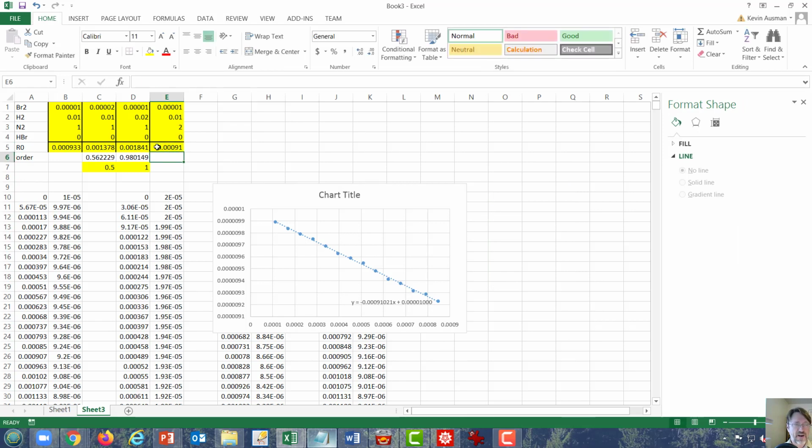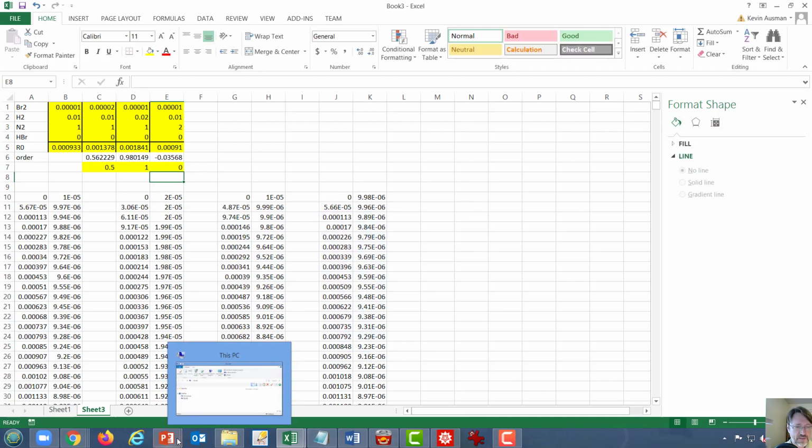Now, our reaction order, same formula, natural log of that divided by that, divided by natural log of that divided by that. And we find something that is nearly zero. So our reaction order with respect to N2 is 0.